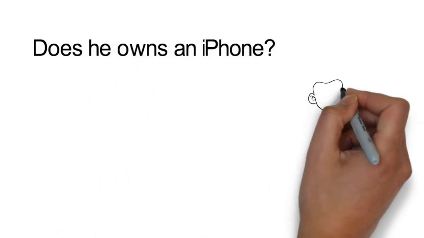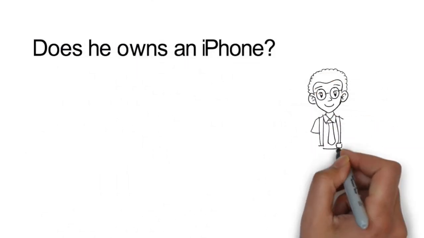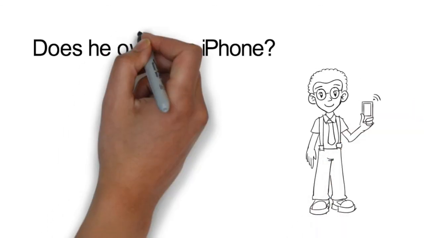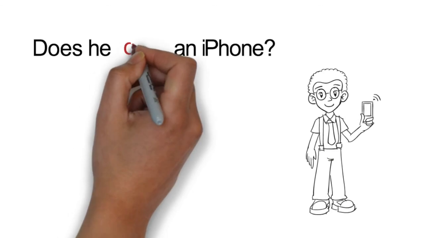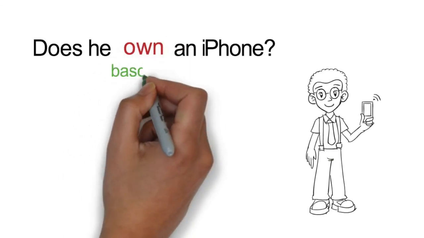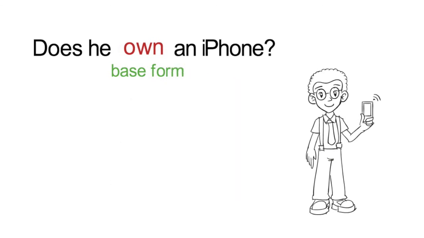Does he owns an iPhone? The question should be, does he own an iPhone? Remember, you use the base form with the second verb. Does agrees with he, so you do not need to change own. Does he own an iPhone?